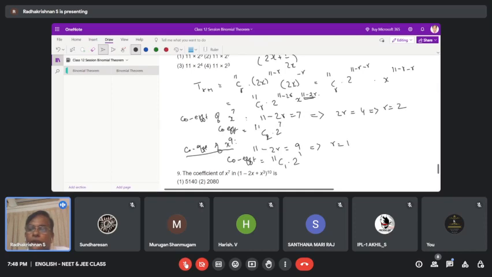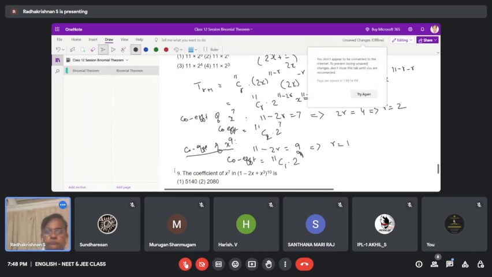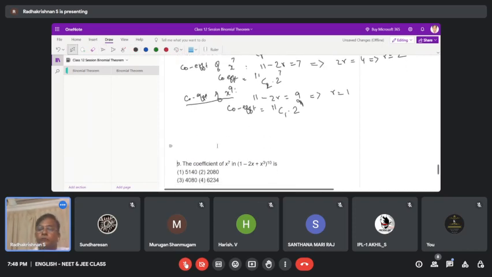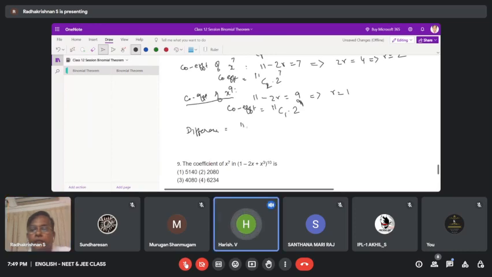So here 11Cr, so when r equal to 1, 11 minus 2 into 1, 11 minus 2, 2 power 9. So what is the absolute difference? Sir, 11 into 2 power 7. Yeah, 2 power 7 minus 11 into 2 power 9.